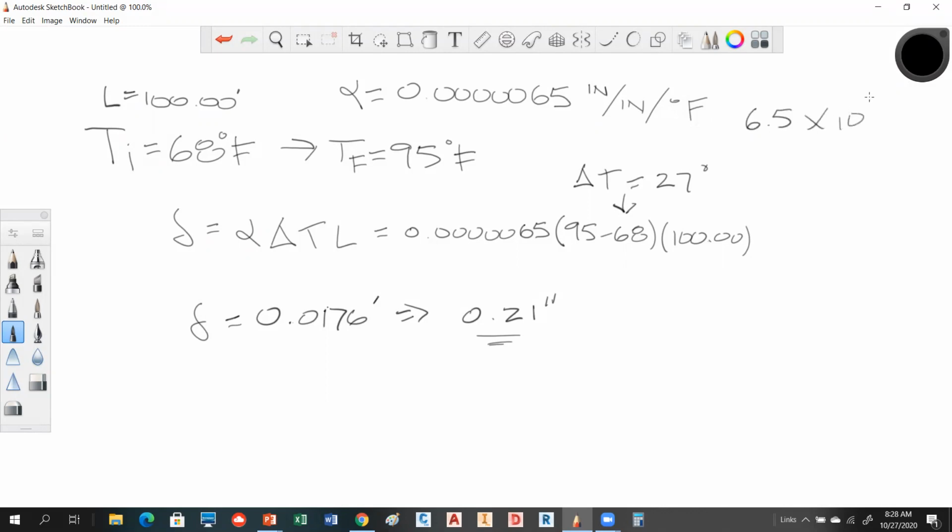That's the same number, okay. So it's given to you either in the statement of the problem, or you have to go look this number up. Does that make sense? So in this case, he just told you it was a steel tape, and you have to go look that up, okay? Seems pretty simple.